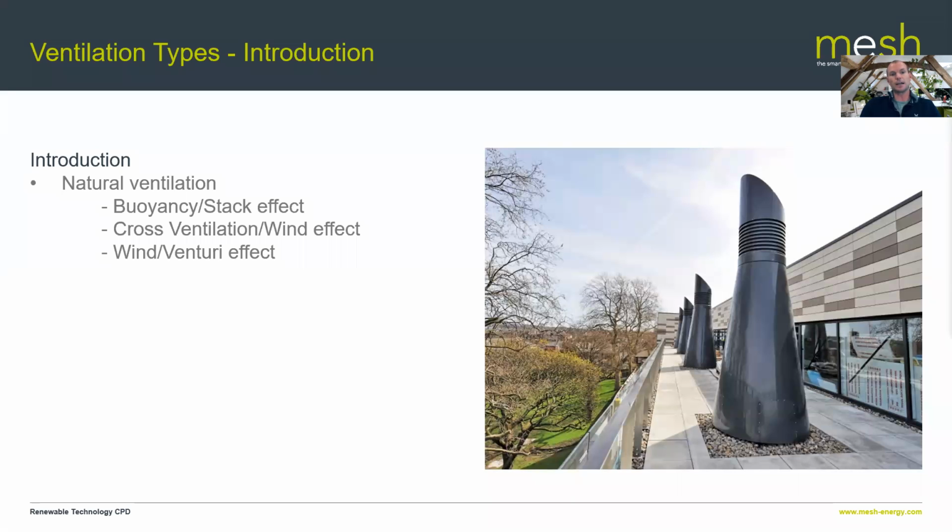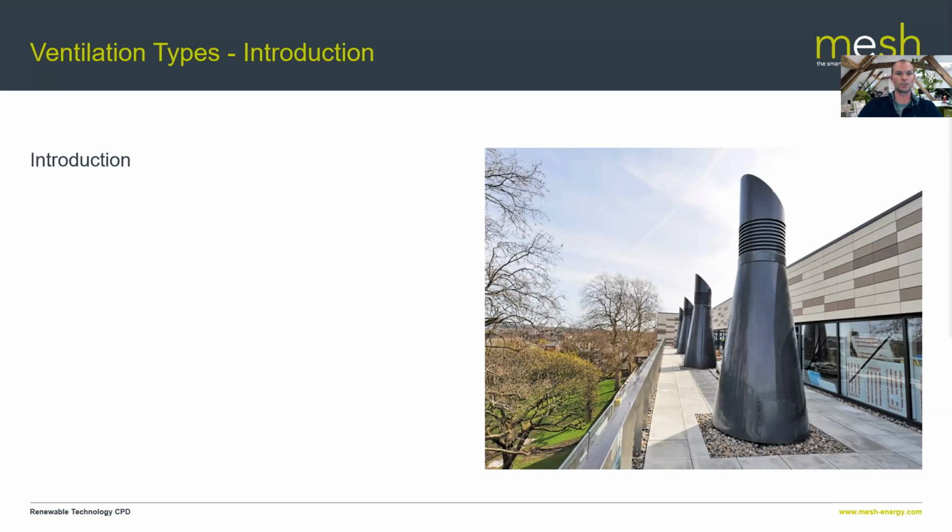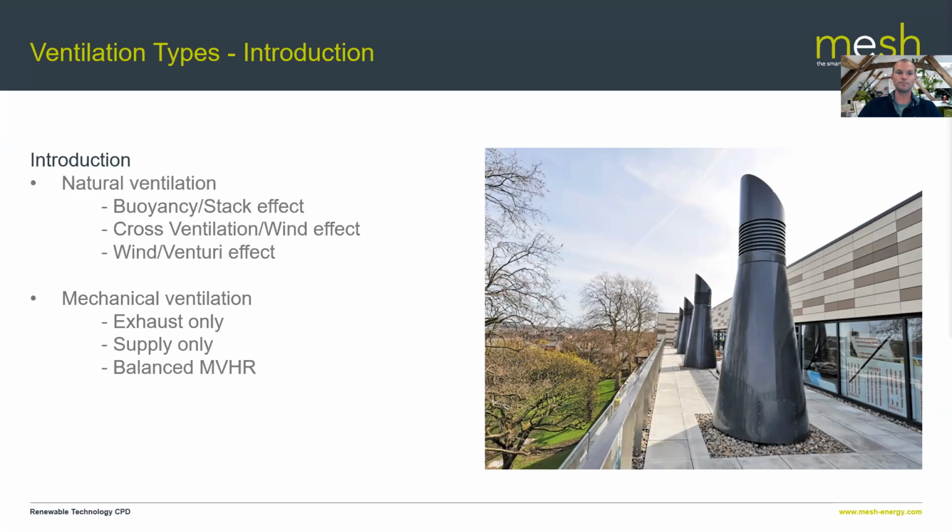And this is using buoyancy, or the thermal stack effect, cross ventilation, otherwise known as the wind effect, and then wind or the Venturi effect. So those three different subtleties in using the natural properties of air allow us to ventilate buildings. And this, as I say, falls under the natural ventilation umbrella. So very low tech, and lowest cost, as you will see.